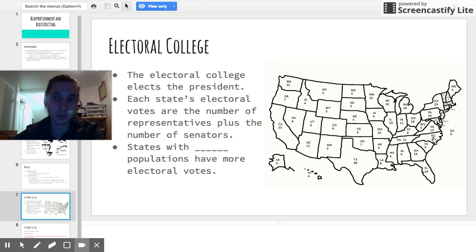Ohio, Michigan, North Carolina, Georgia, and New Jersey are some of the other big states that have a high population. A lot of states in the middle of the country, even though they are big in area, are actually very small in terms of population. Because they're small in population, they only get 3 or 4 electoral votes, like Montana and Idaho.